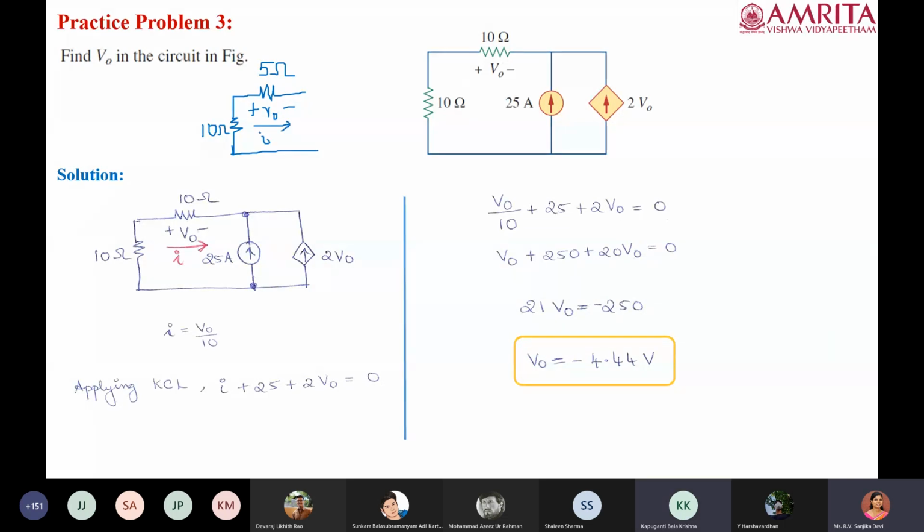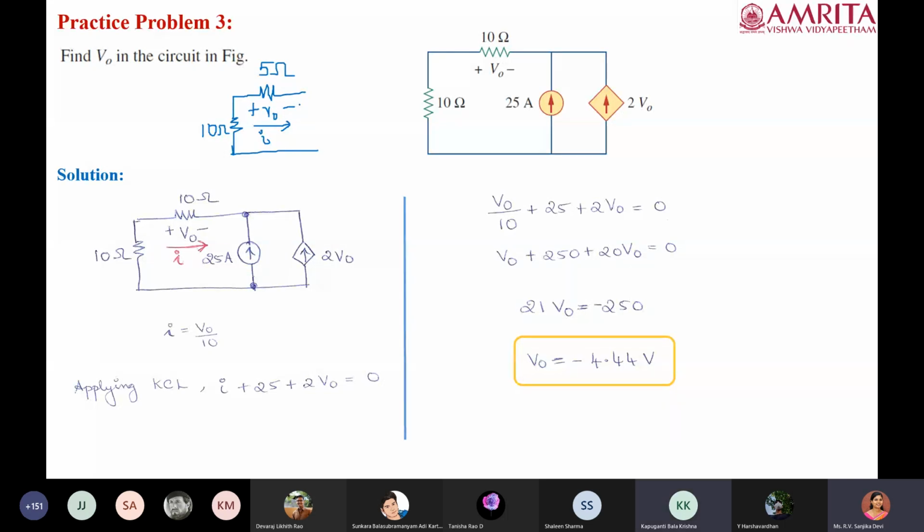Ma'am, that V naught value is 11.90. Yes, ma'am. For which one are you telling? For 5 ohm? No, ma'am. 250 divided by 21, the V naught value. It's nearly 12.